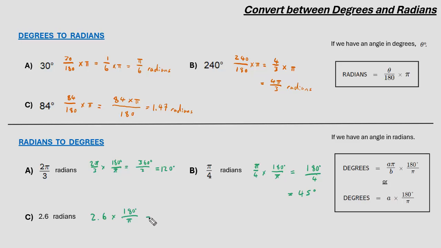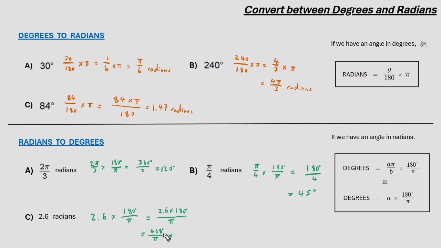And this gives 2.6 multiplied by 180 degrees on top, all over pi. And this gives us 468 degrees over pi.